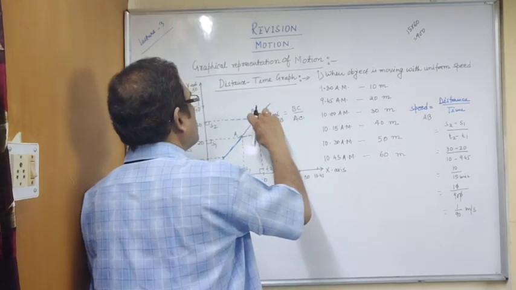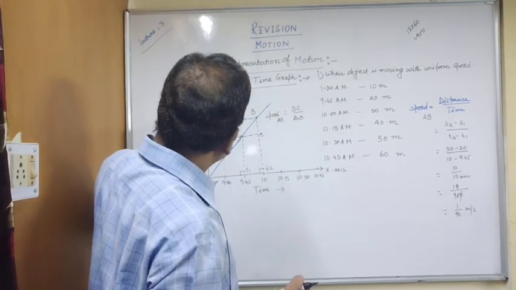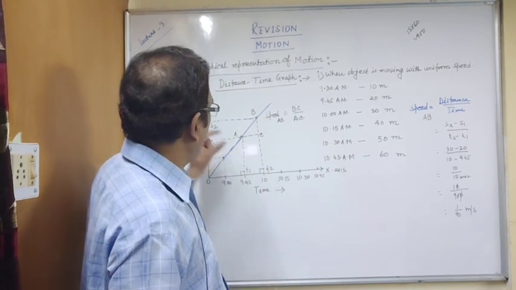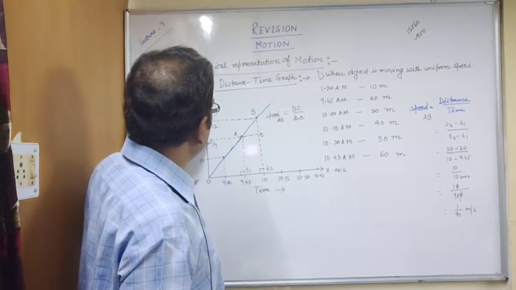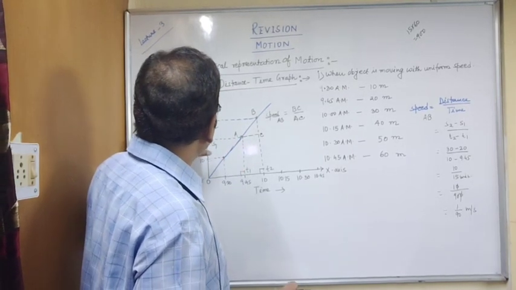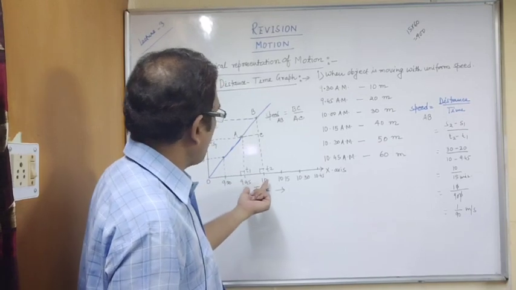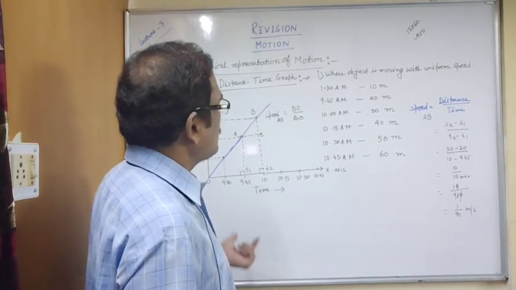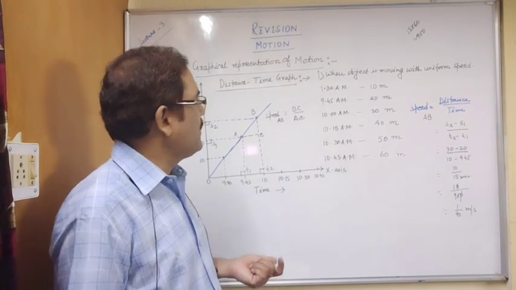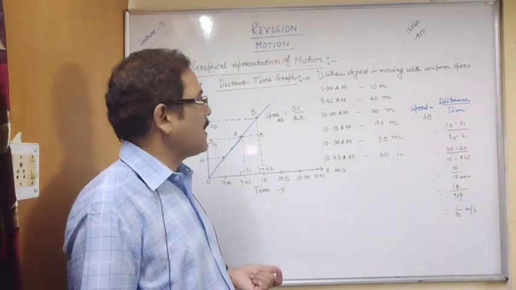What does BC represent? BC represents the distance and AC represents the time interval. In this time interval, the distance travelled by the object is from B to C, so it will be 10 meter and this time interval is 15. So this is the way you can calculate the speed of an object with the help of this graph.